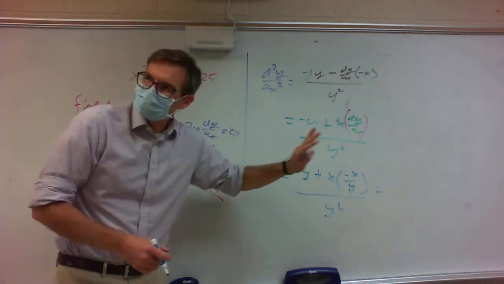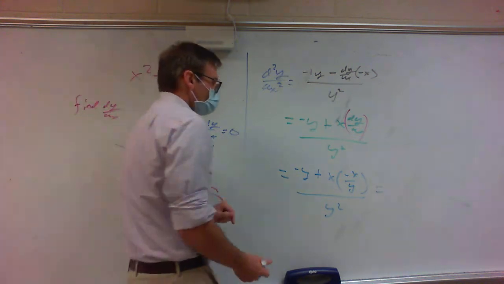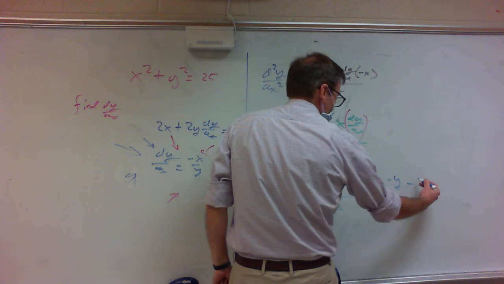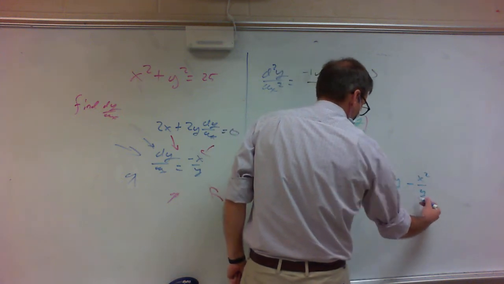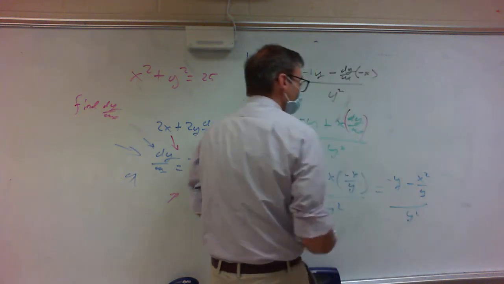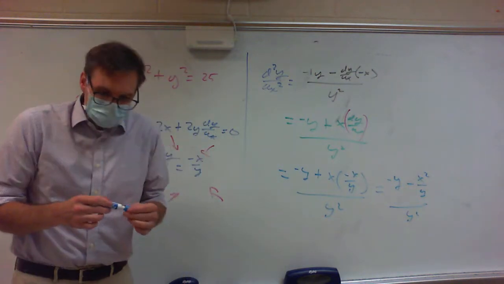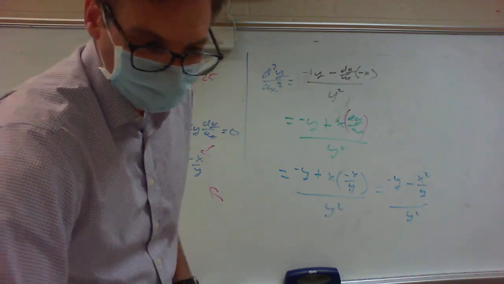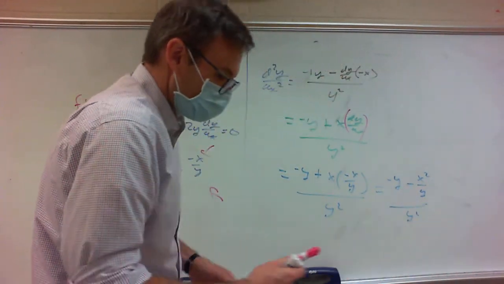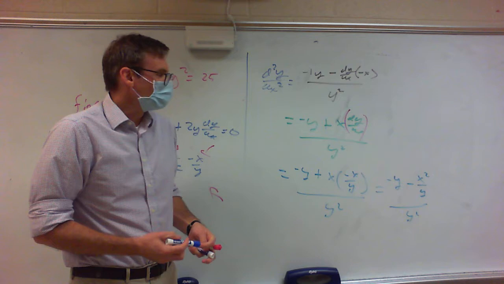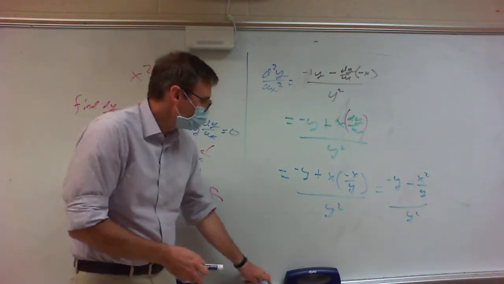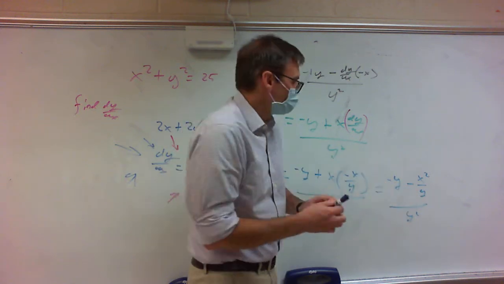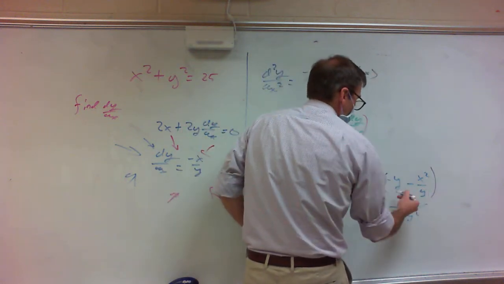So let's say that's -y minus x squared over y, all over y squared, and surprise, I don't want this layered fraction stuff. So my trick is I'm going to multiply top and bottom by y.